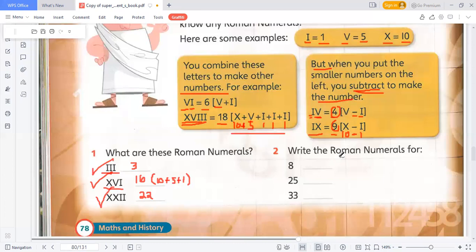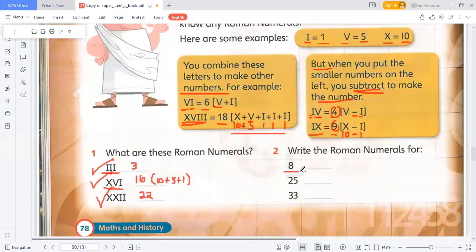In number 2, you have to write the Roman numerals. So how do we write the Roman numeral for 8? Can you try it? In this part, we're not going to add. Instead we have to subtract.